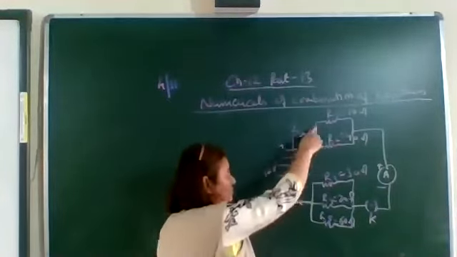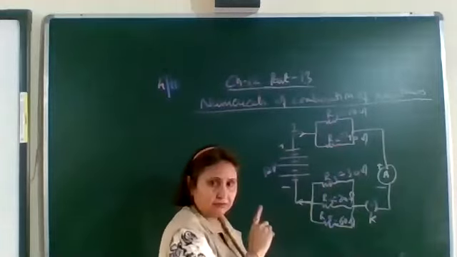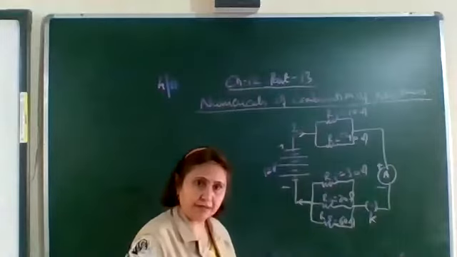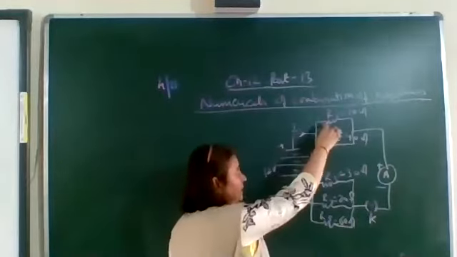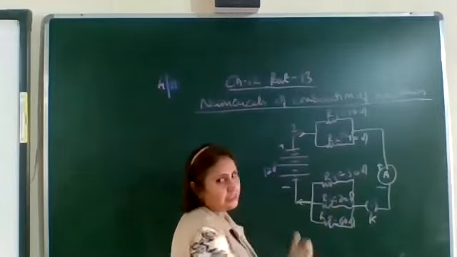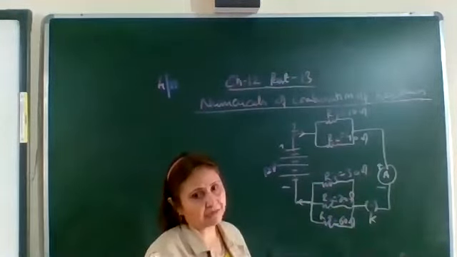So R1 and R2 are in parallel, and R3, R4 and R5 are also in parallel. But the equivalent of R1 and R2 will be in series with the equivalent of R3, R4 and R5.